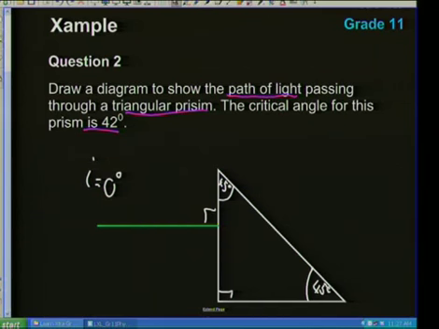Remember, when the angle of incidence is 0 and light is passing into a transparent object, it will continue. It's not going to deviate. It will still undergo refraction. The speed of light will still change, but it's going to continue straight. So I'm going to just pick up that line and I'm going to extend it. Hopefully it will extend.